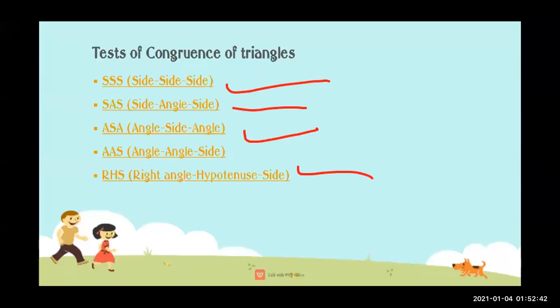So there are a total of 5 tests: SSS, SAS, ASA, AAS, RHS, that is the hypotenuse side test. Now we will see all the tests one by one. Once we learn all the tests, we are going to start with our exercise, because these tests are important before the exercise.